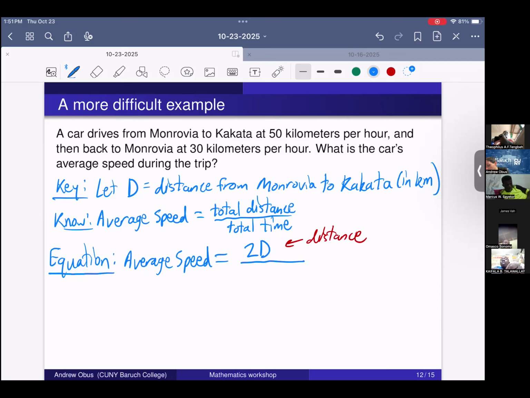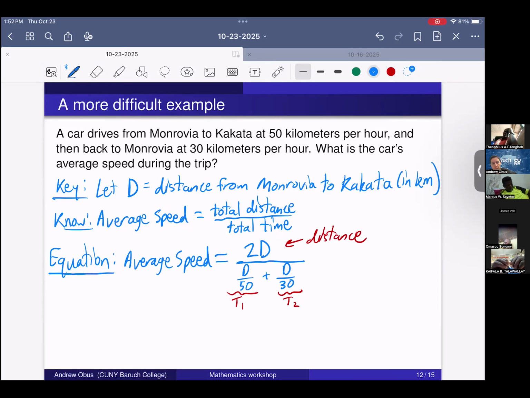So d divided by 50 is how long it takes to drive from Monrovia to Kakata. But on the way back, you're only going 30 kilometers an hour, so the time to get back is d divided by 30. I'll call these T1 and T2. T1 is how long it takes to do the first leg of the trip, and T2 is how long it takes to do the second leg.